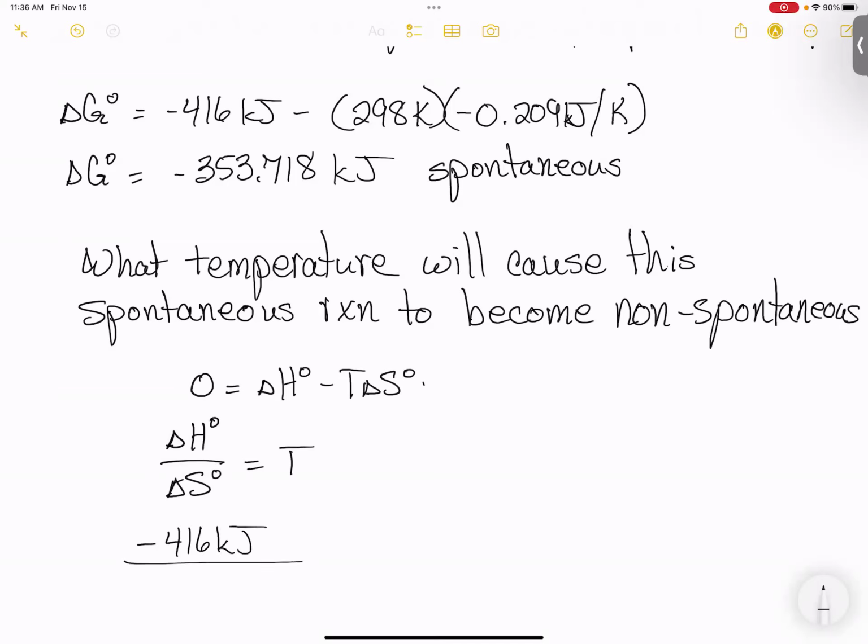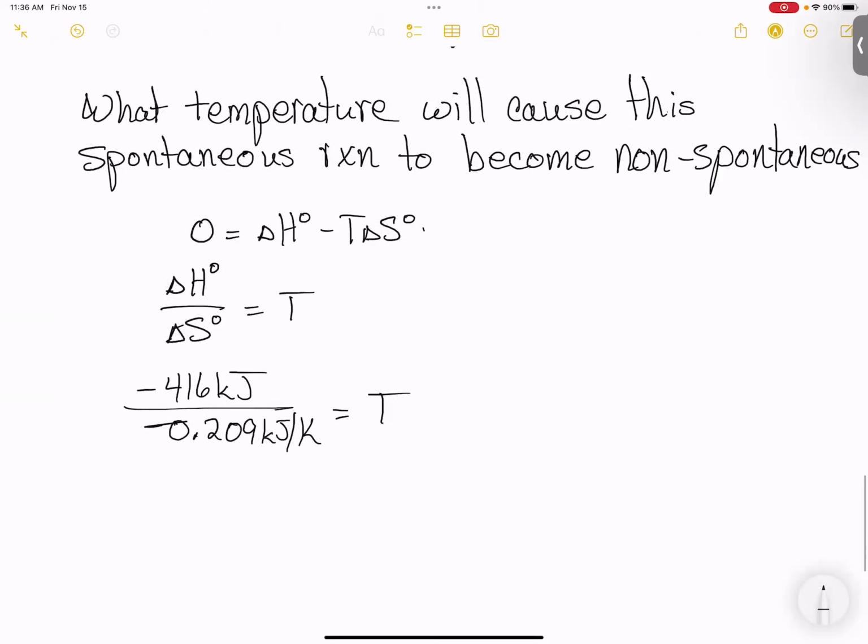If we divide that by negative 0.209 kilojoules per Kelvin, we will find out the temperature at which this is going to become non-spontaneous. And basically, this reaction becomes non-spontaneous at 1990 Kelvin.